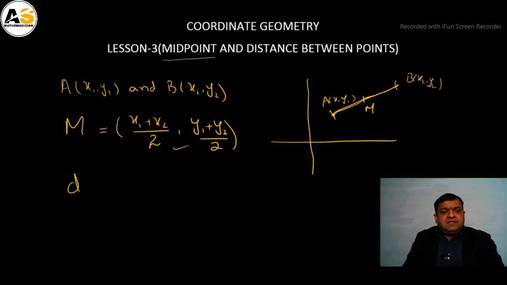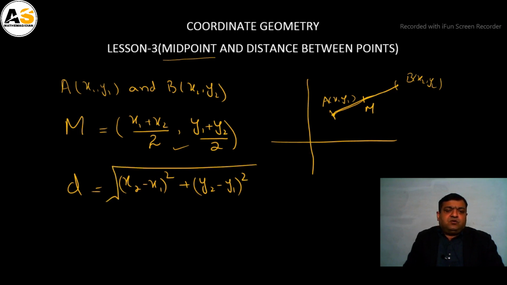The formula for this: D is equal to the square root of ((x2 minus x1) squared plus (y2 minus y1) squared). The order over here does not matter: (x2 minus x1) squared is equal to (x1 minus x2) squared. Similarly, (y2 minus y1) squared is equal to (y1 minus y2) squared. So today we are going to practice these two formulae in several questions.